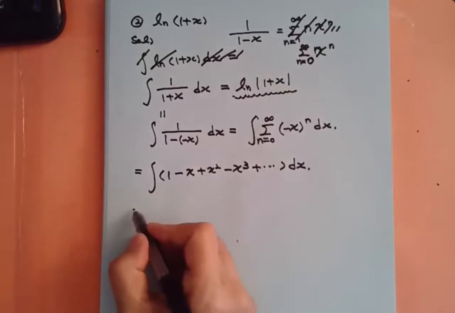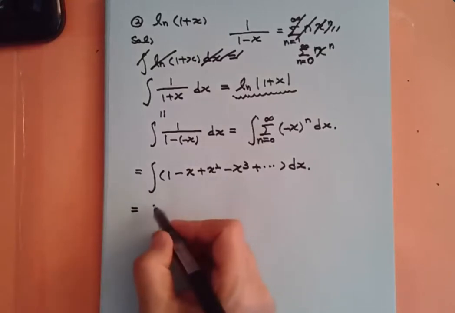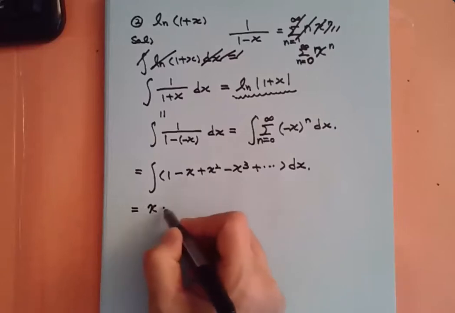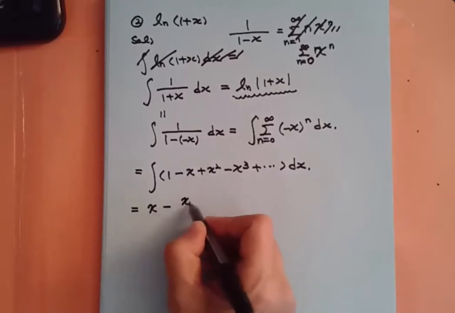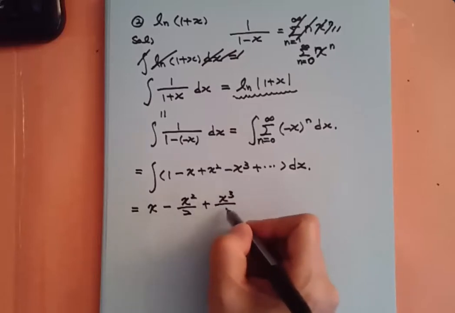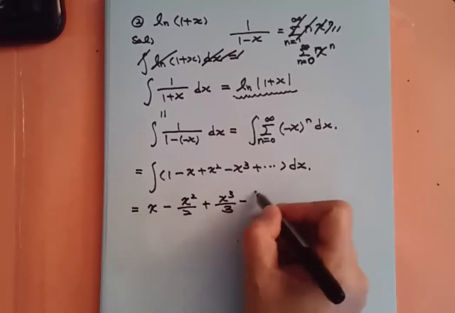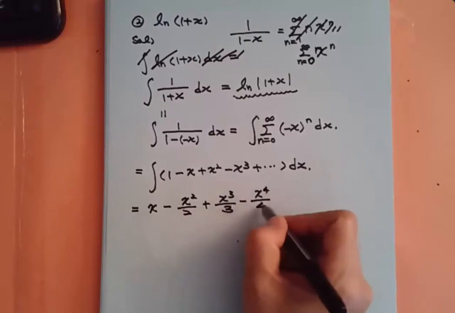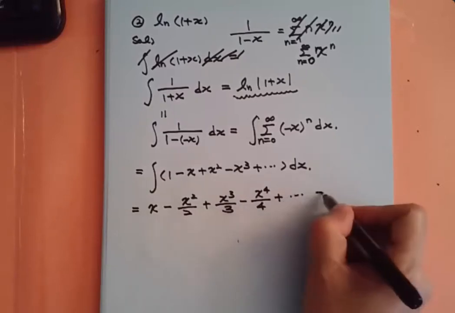We will just integrate term by term, and that is x minus x squared over 2 plus x cubed over 3 minus x to the 4th power over 4, and so on, plus c.